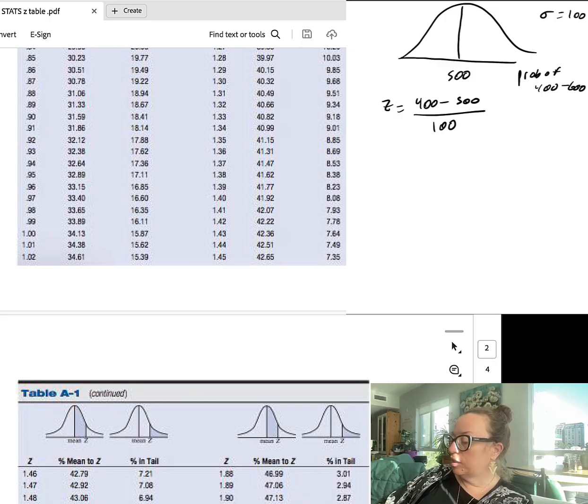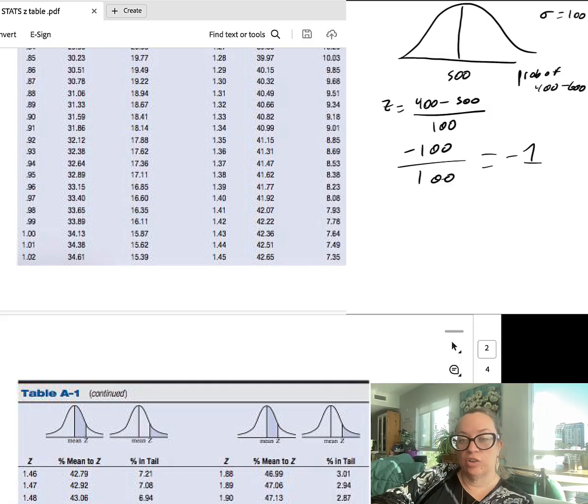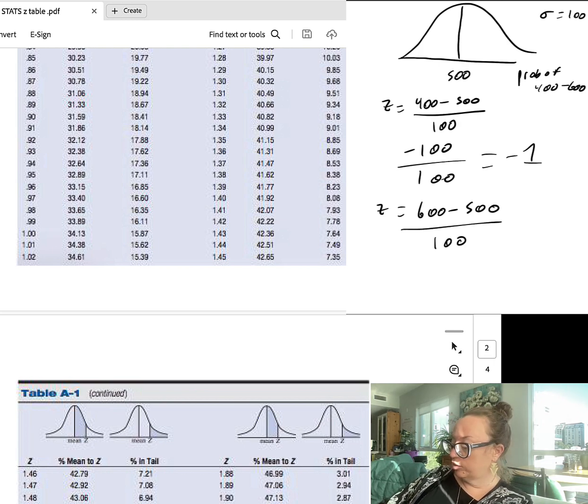Okay, so that is -100 divided by 100, which means z equals -1. Okay, easy. Now for 600, what is the z for 600? So we have our score of 600 minus the mu, the average, of 500, divided by the standard deviation, which is 100. So you can probably see where this is going already. I made it easy. 100 divided by 100, the z-score is +1.